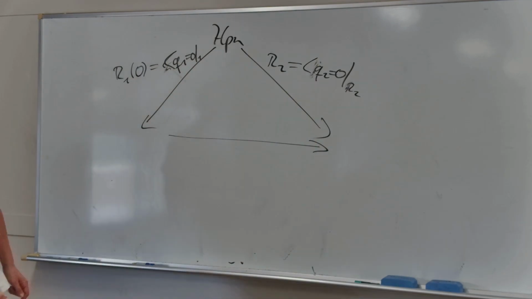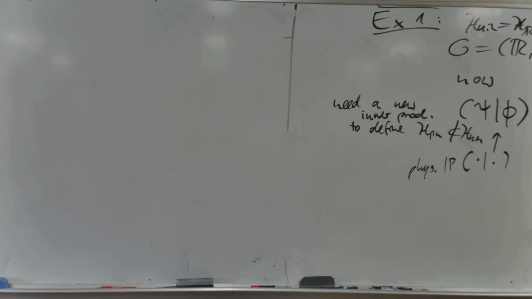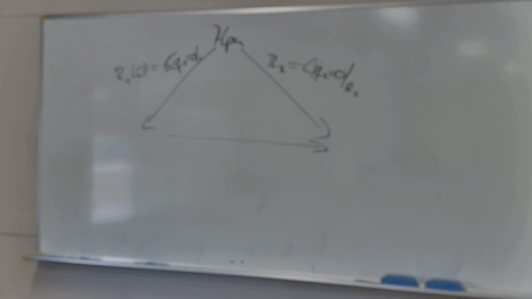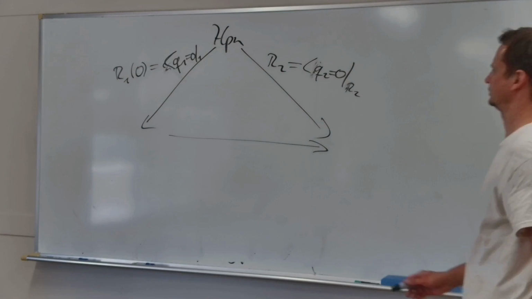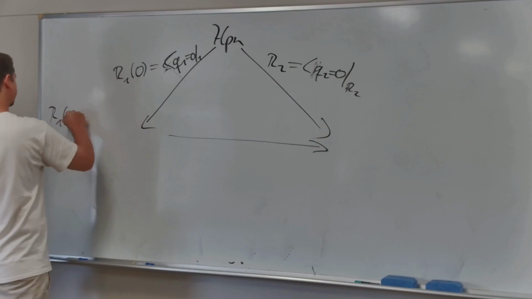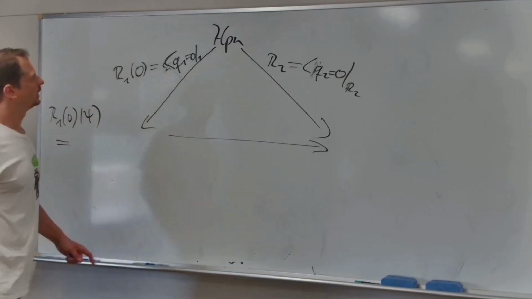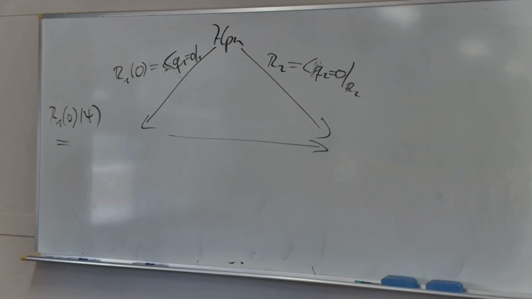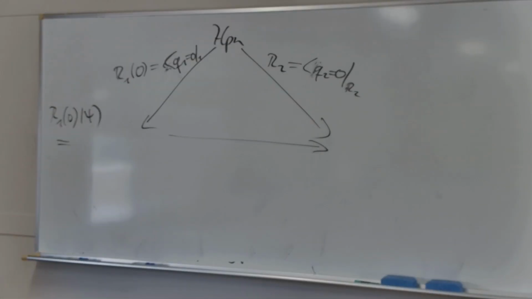You can check this, maybe let's just work this out now. If you look at this physical state, it's R1 of 0, some state psi. So I have this Q1 0 there, which is going to hit this guy here.